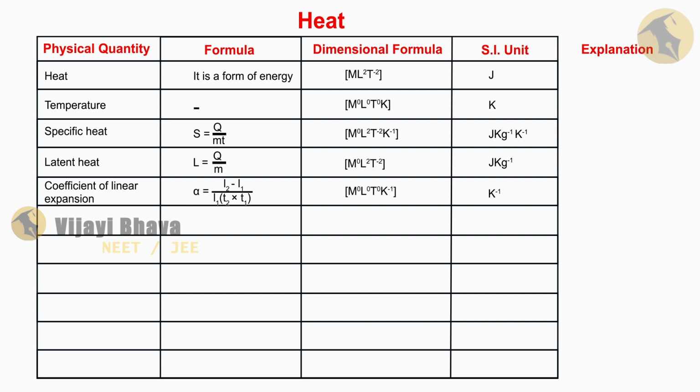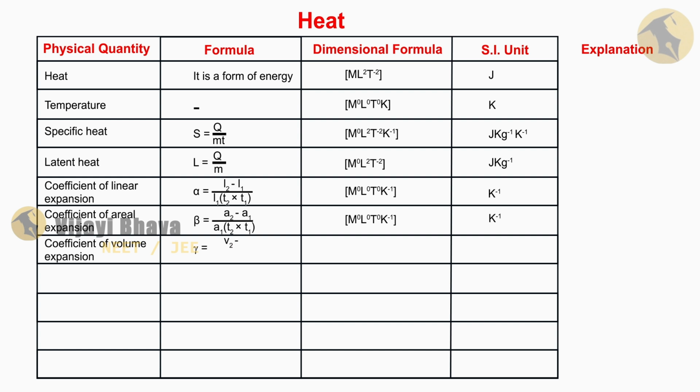Repeating the same method, you can find out the dimensional formula of coefficient of areal expansion and coefficient of volume expansion also. In coefficient of areal expansion, the similar terms called area get cancelled and difference of temperature alone remains. Hence, its dimensional formula is also K minus 1. Same is the case with coefficient of volume expansion.